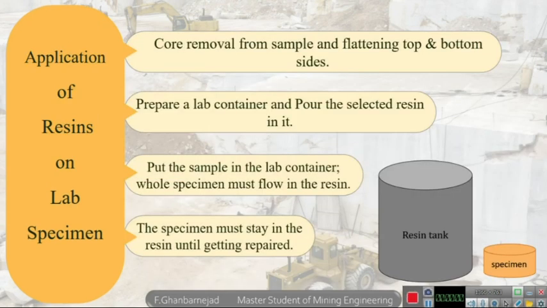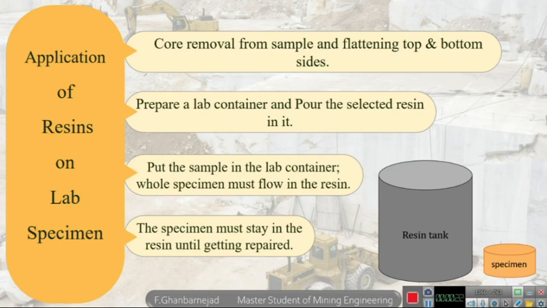Okay, the steps of applying resins on the laboratory samples are shown on the slide. First, the core removal from the sample and flattening the top and bottom sides. The sample must be clean without any pollution. Prepare a laboratory container and pour the selected resin in it. Put the sample in the laboratory container.